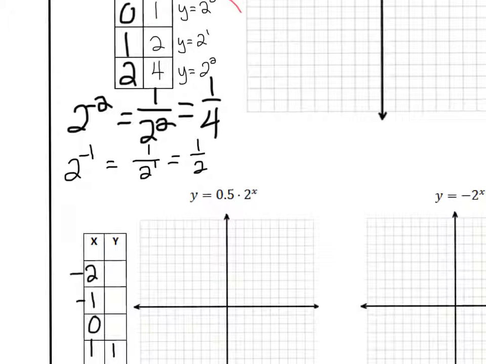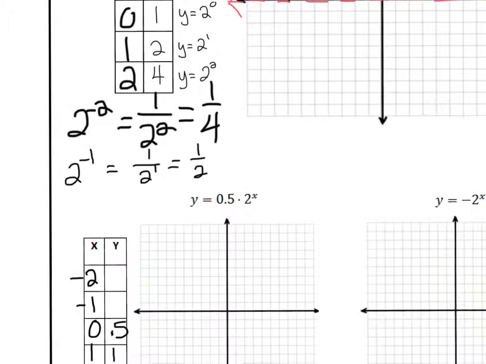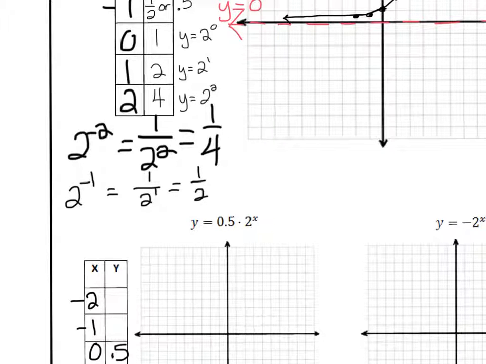If I take 1 and multiply it by 0.5, 1 times 0.5 is 0.5 or 1/2. When I had negative 1, I got 1/2 or 0.5, and I'm now multiplying it by 0.5. So 0.5 times 0.5 would be 0.25.